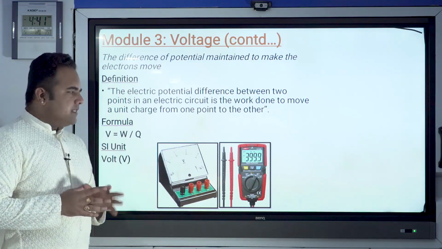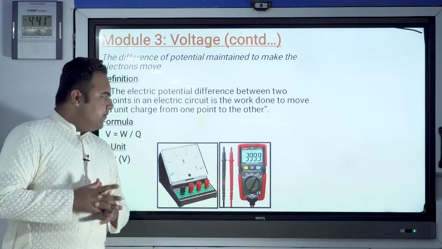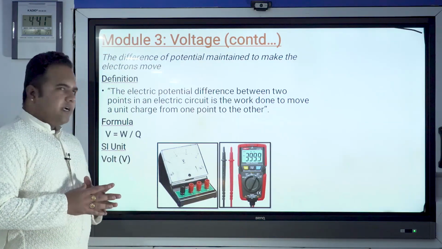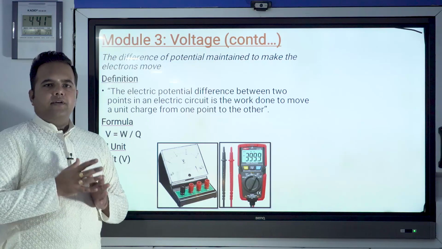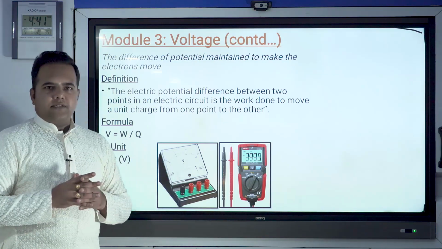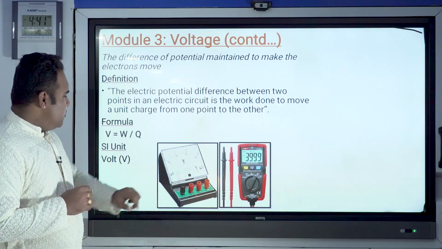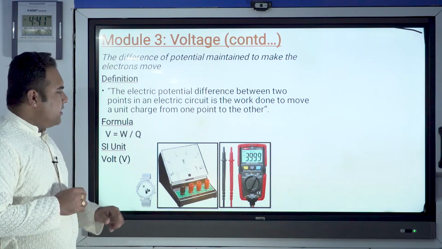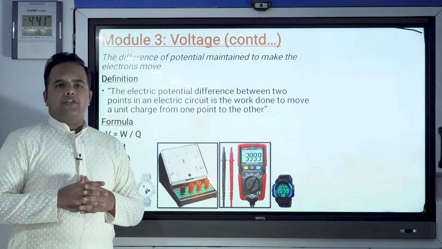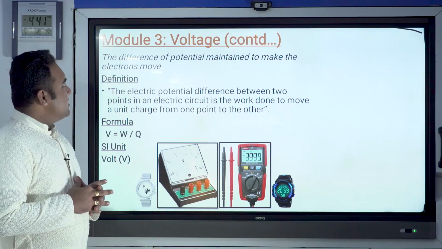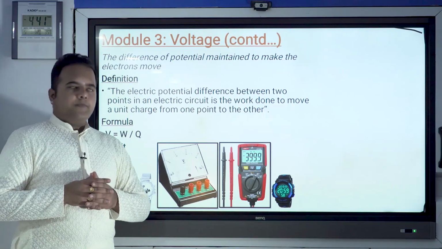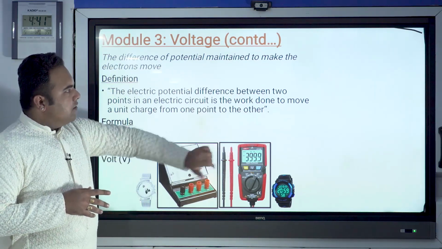If you want a more precise and correct value, we go for this. If we want a basic normal value reading for record purposes, we can go for the other. The difference between those two is like the difference between an analog watch and a digital watch. So this completes our understanding of this particular parameter called voltage.